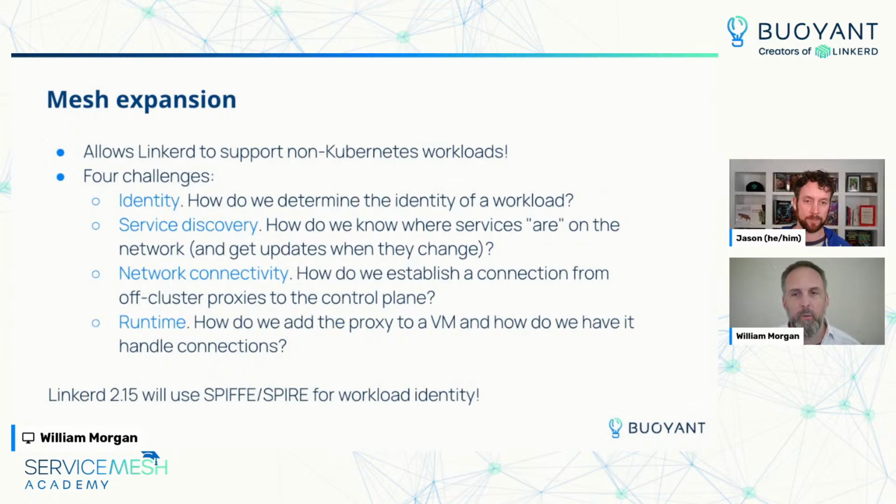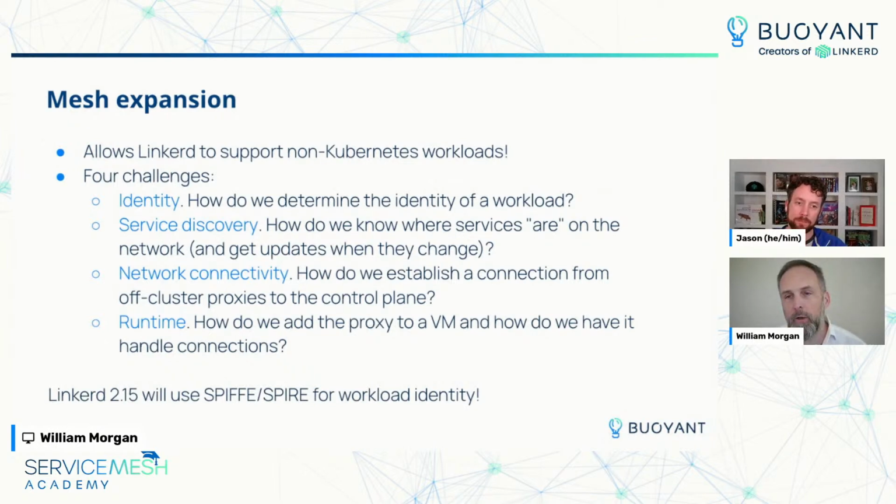We can configure it, and we can have an init container that sets up the L3, L4 networking for you. Outside of Kubernetes, we can't make any of those assumptions. So mesh expansion is non-trivial, because in Kubernetes land these things are solved for us, but outside we have to come up with our own mechanisms.